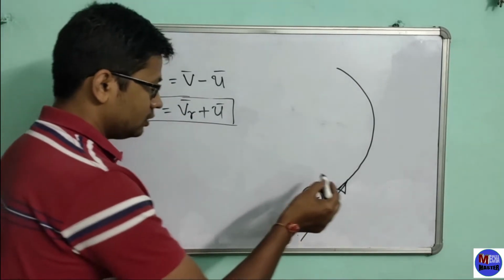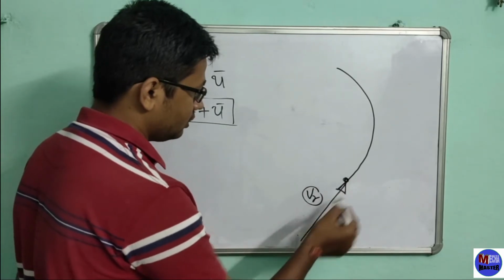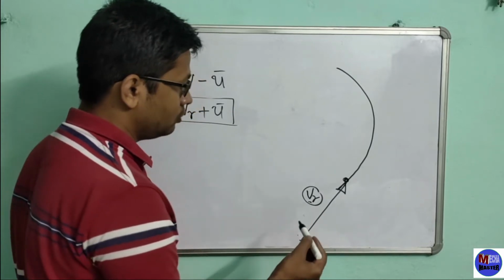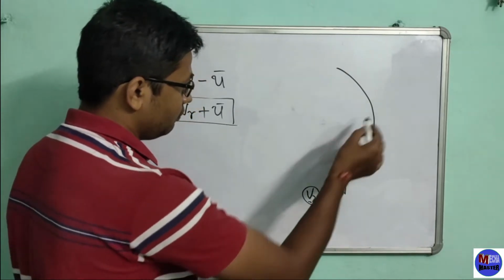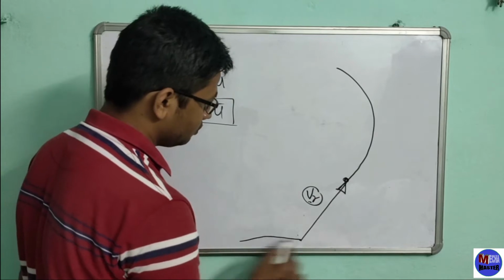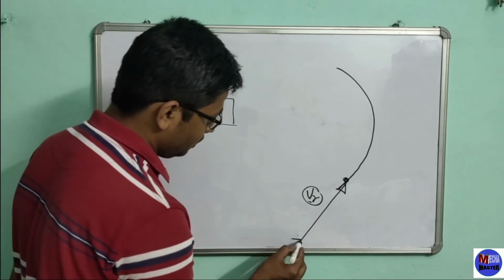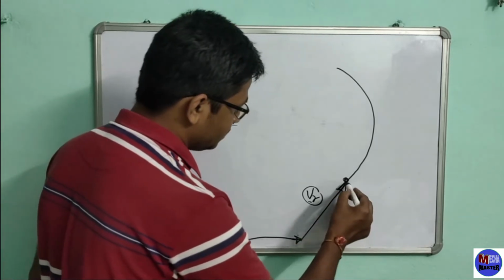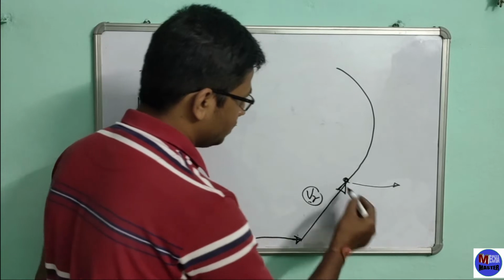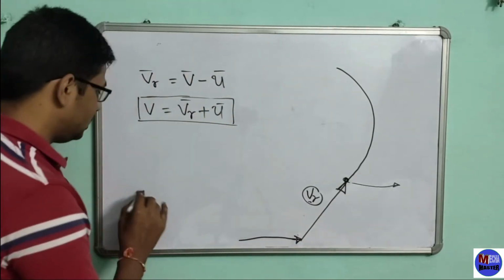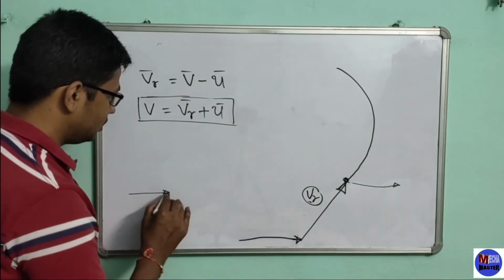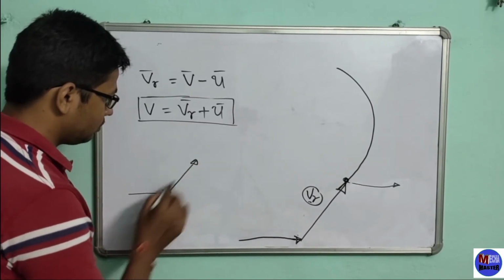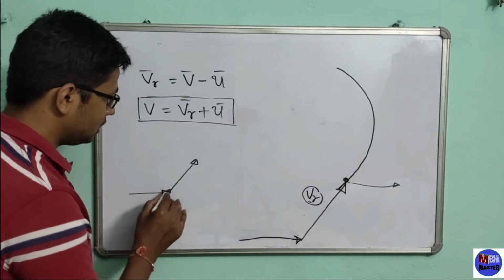Suppose this is the inlet of the vane, so this tangential velocity will always be the relative velocity. So we have two methods. We can show the vane velocity here, or we can simply show the vane velocity here, because you know that if in vector we have something to add, the arrowhead should be on one and the tail should be combined.